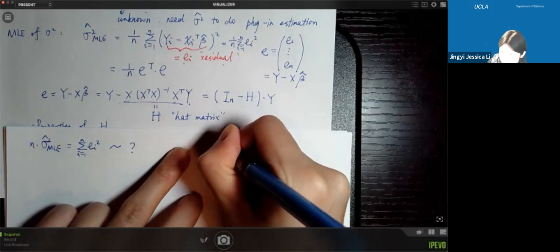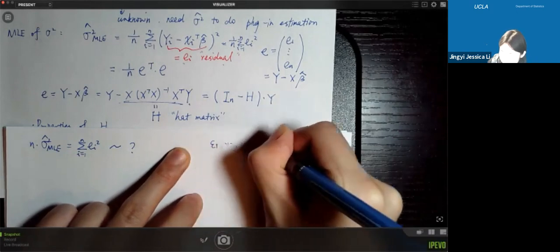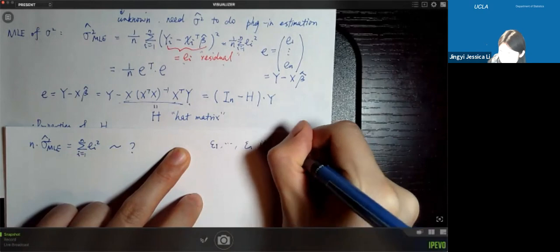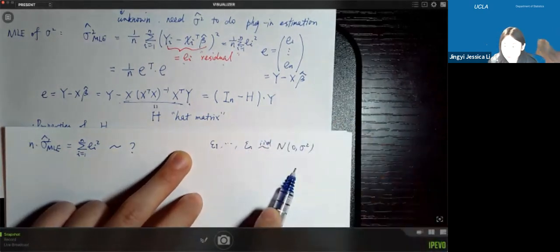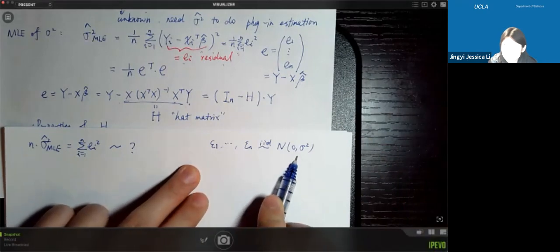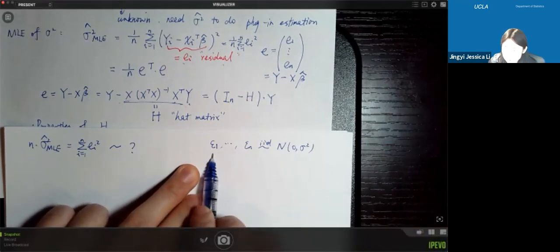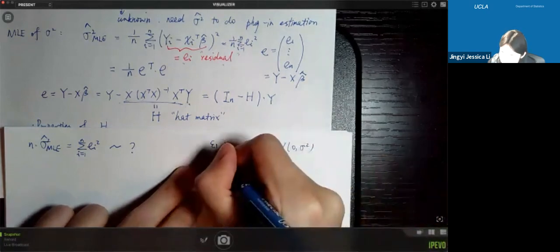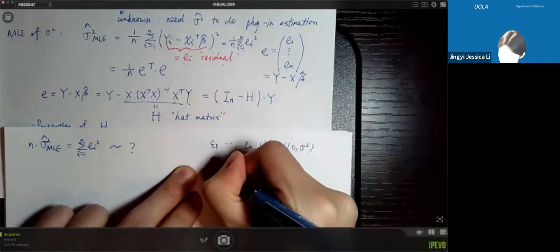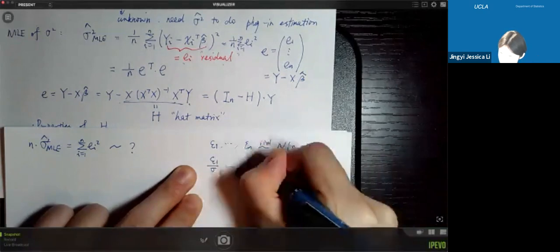We have epsilon_1 to epsilon_n. They are IID normal, but they're not standard normal because the variance is not 1. So what can we do? We can divide by sigma, pretending it's known. So we have epsilon_1 over sigma to epsilon_n over sigma.